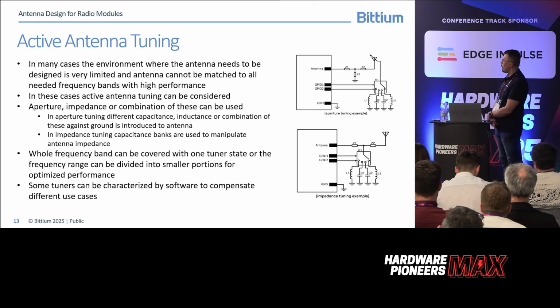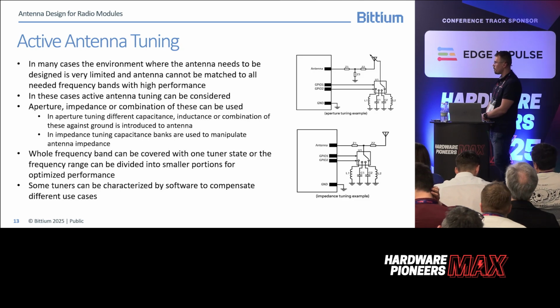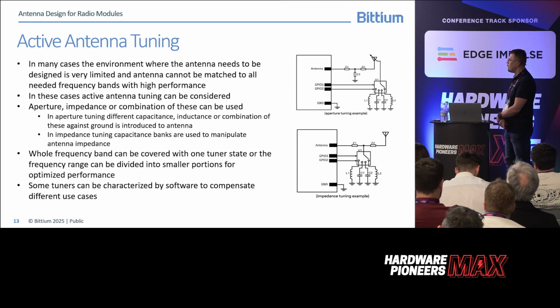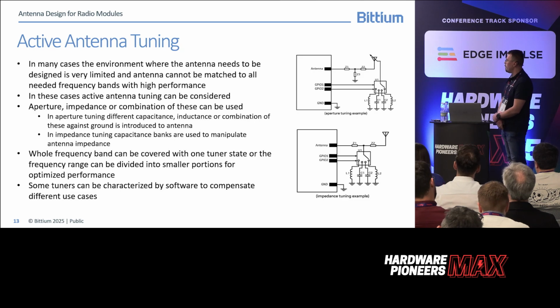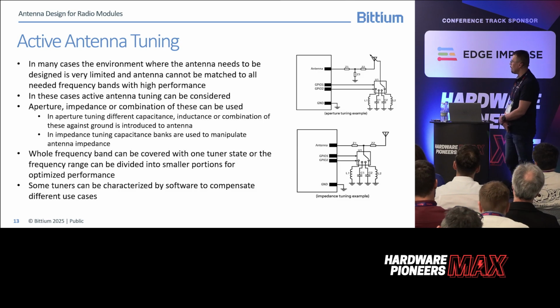And for example, in these mobile phones, they are using very high-end antenna tuners, which can also be characterized for many different kinds of use cases, like when you are holding the device in your hand, it has a different tuner state for that, and if it's in close proximity to your body, it has a different tuner state for that.